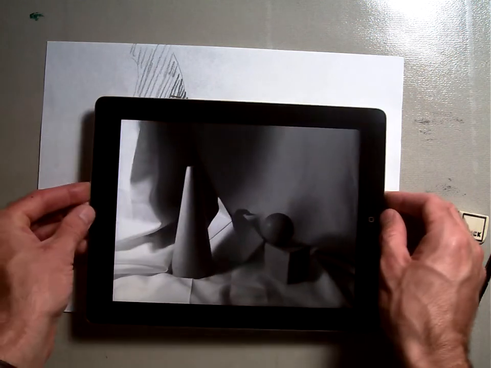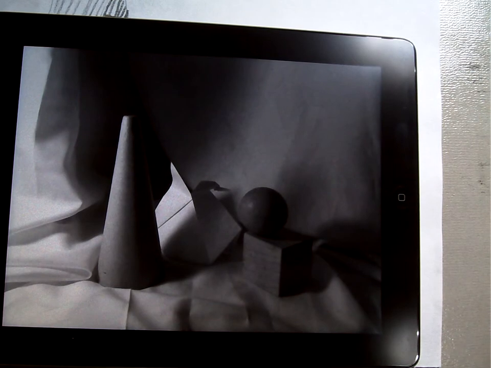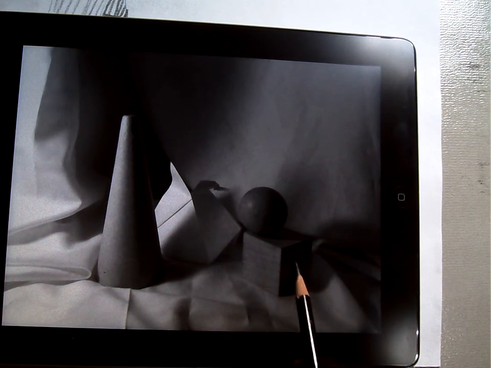So if I pull my little photograph over here again, I do still have the still life set up out there. But just to get a better, cleaner shot of it, if we look here, you can see the shadow right here on the sheet cast by my cube.